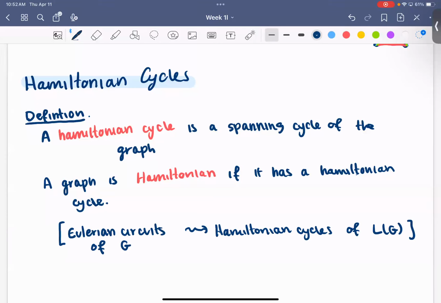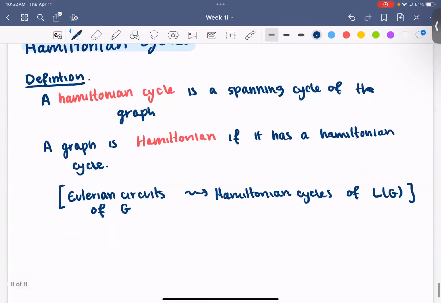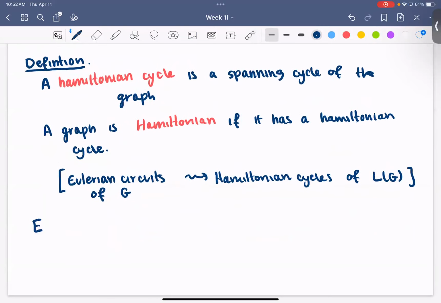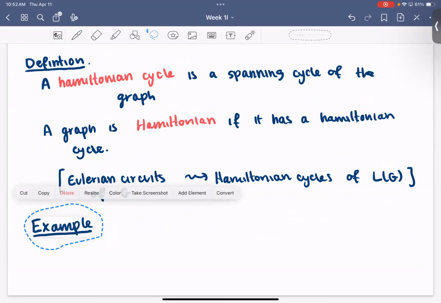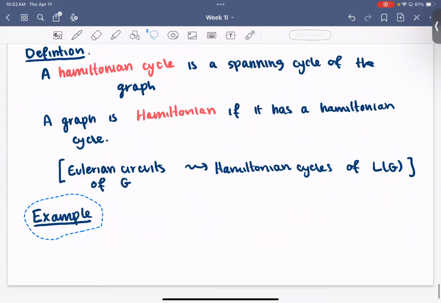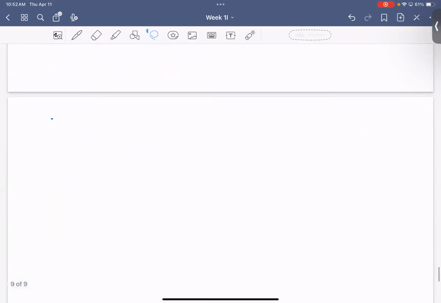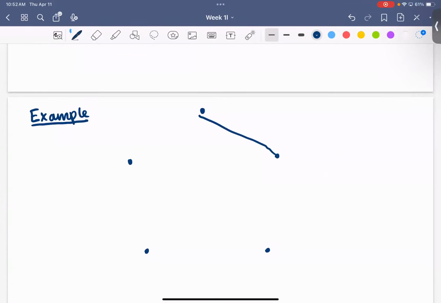Okay, so we'll do an example. And actually, I'm going to make more room for the example. Okay, so what I'm going to draw is the edge graph of the dodecahedron.